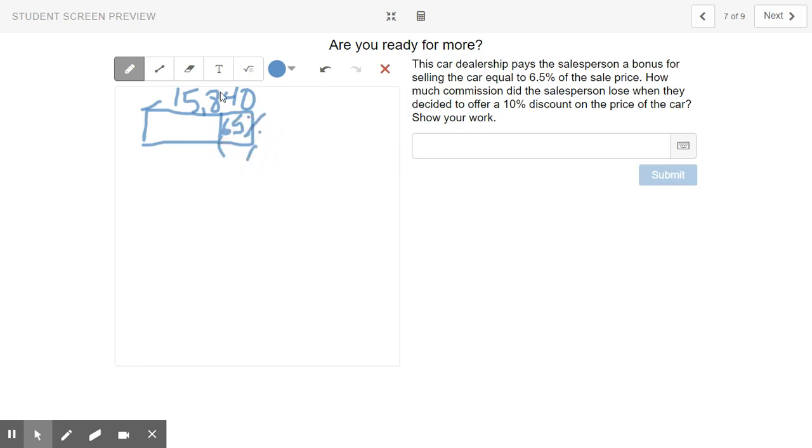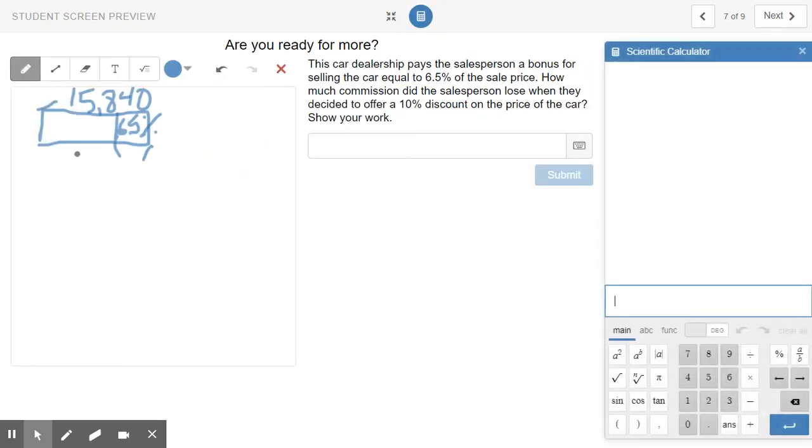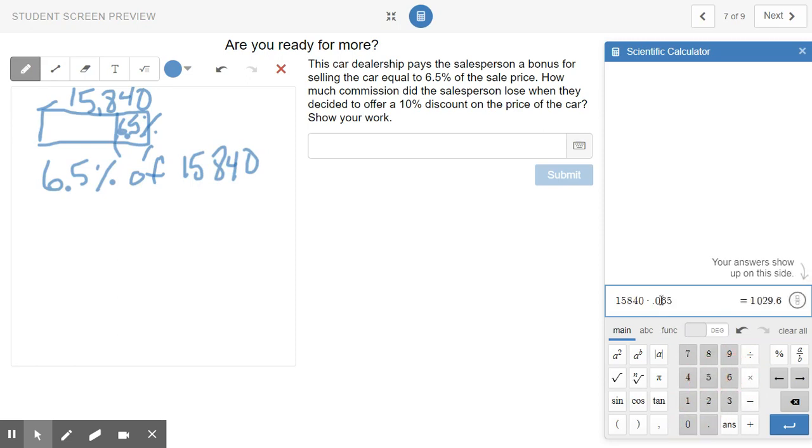That's what we want to figure out first. So I'm going to find 6.5% of this, right? 6.5% of the amount, and of means multiply. So 15,840 times my commission of 0.065. The way I got that is I know 6.5% is equal to that decimal.